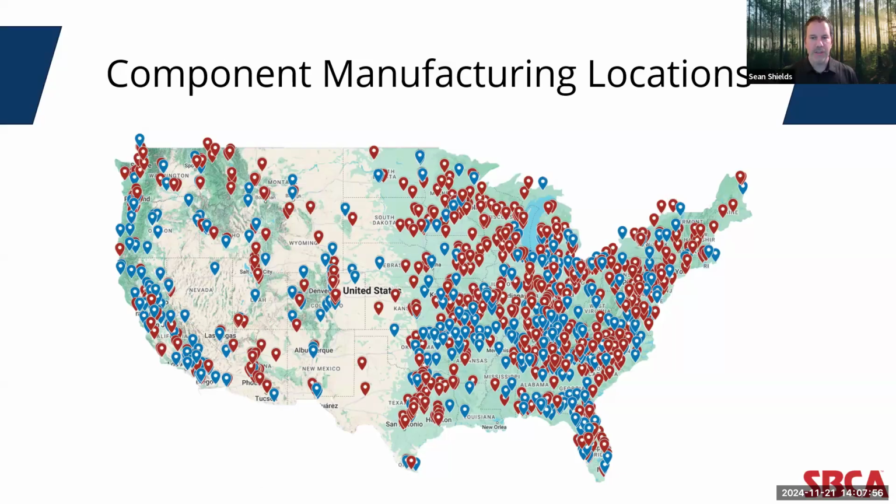And as you can see, these facilities reach every community in the country, allowing builders to use these products in any project, no matter where that project is located. Now, to give you a sense of scale, SBCA member facilities sold approximately $9.12 billion in product in 2023 out of an estimated total of $9.31 billion. So the reach of SBCA's membership is quite considerable when you consider that.